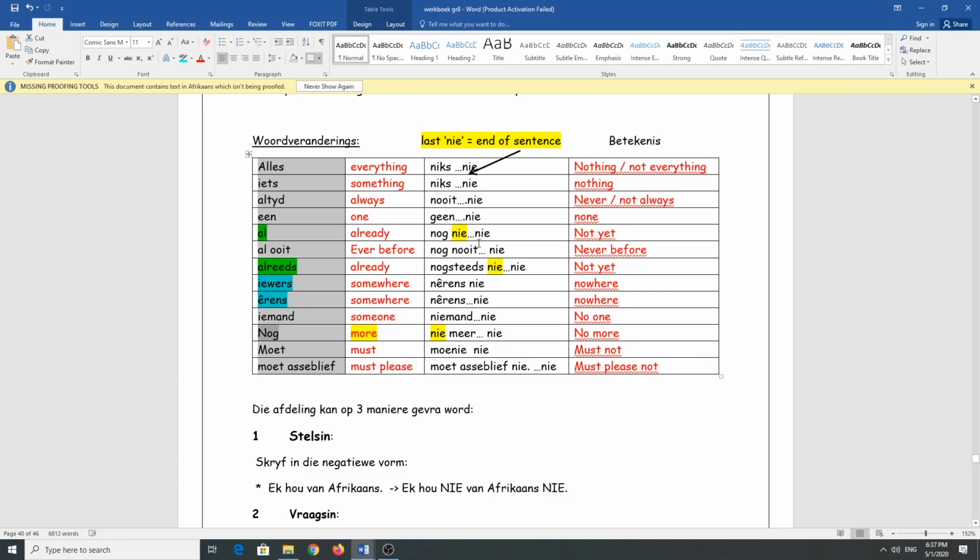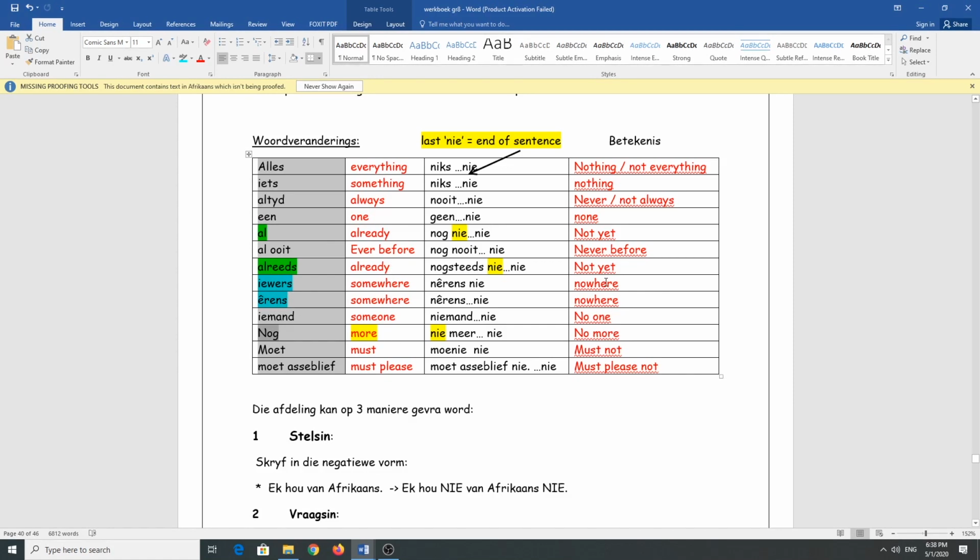Already becomes nog nie, not yet. Al ooit, ever before, becomes nog nooit, never before. Alreeds means the same as al. That's why I highlighted them both in green. Already, not yet.